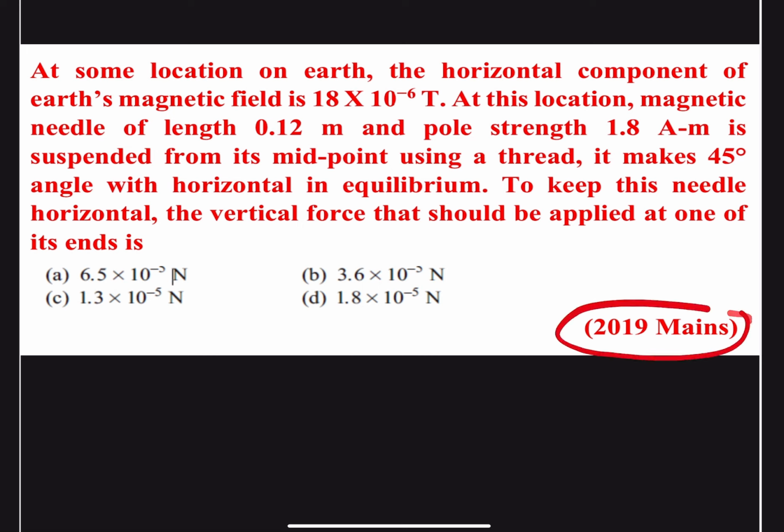It makes a 45-degree angle with the horizontal in equilibrium. To keep this needle horizontal, the vertical force that should be applied at one of its ends is. So we are given that the magnetic needle is making an angle of 45 with the horizontal in equilibrium.